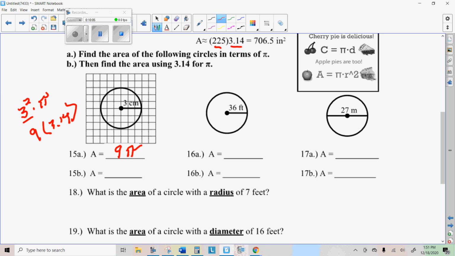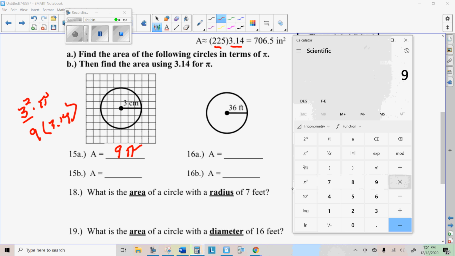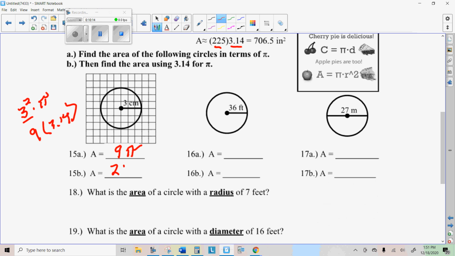And so on my calculator, 9 times 3.14 gives me 28.26. Now that is rounded because we rounded pi. Okay. Now remember, these are areas, so we're talking about square units here. So this is square centimeters on both these. Go ahead, you try 16 and 17 there.